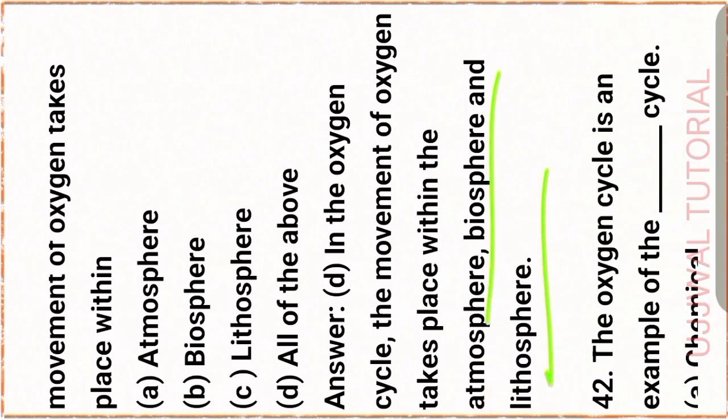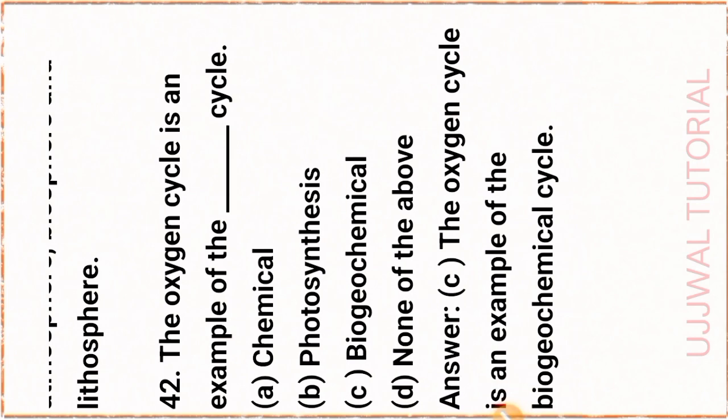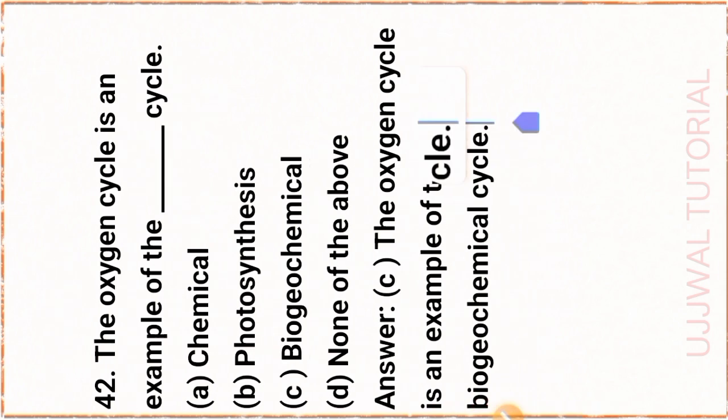Next question, number 42. The oxygen cycle is an example of which cycle? Option C, biochemical. The oxygen cycle is an example of a biochemical cycle.